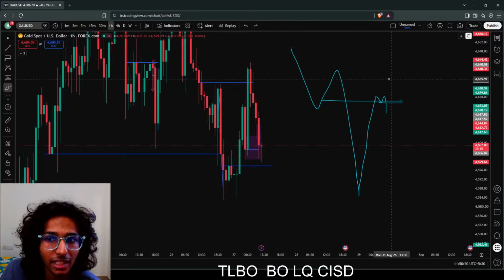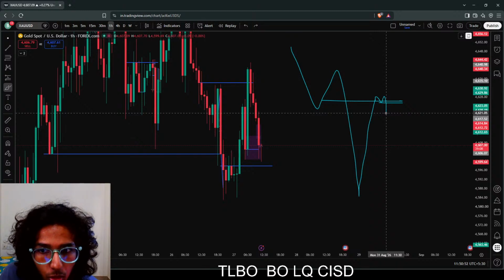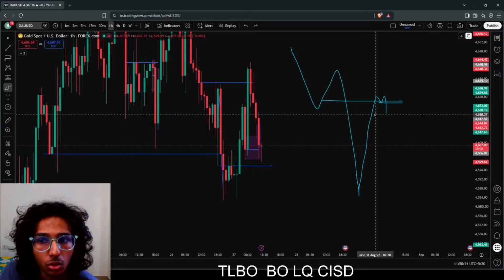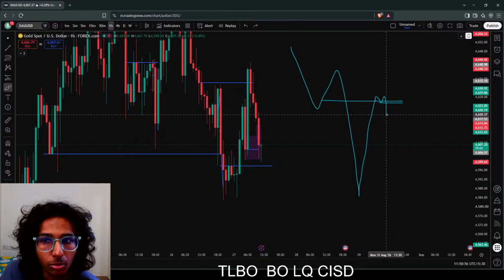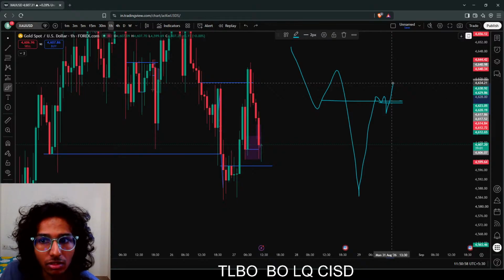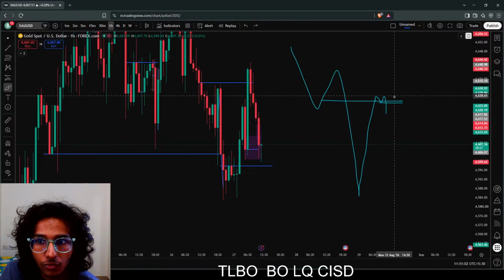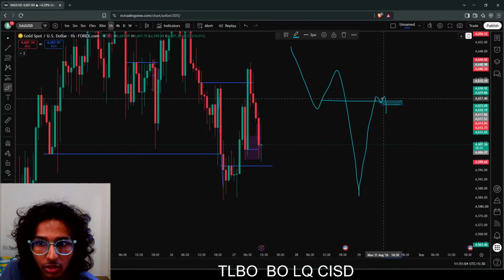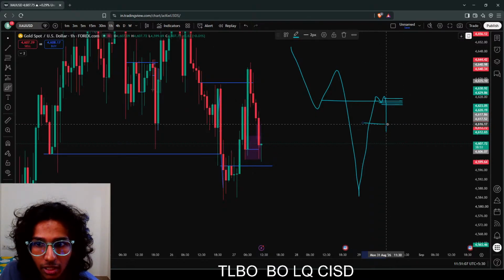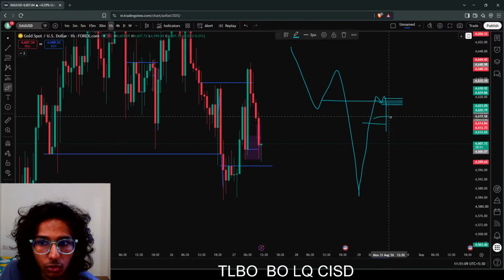But at the same time, if H4 says no, I'll go for the buys, I don't want to go for the sells. It means that the sells are only valid until you tap an H4 or maybe an H4 level.